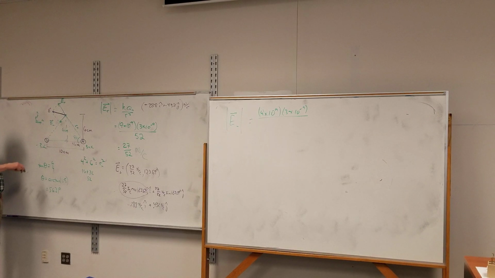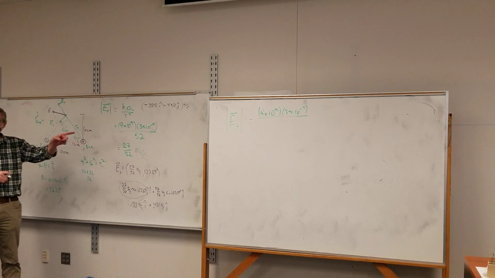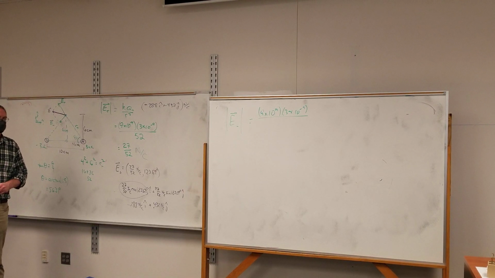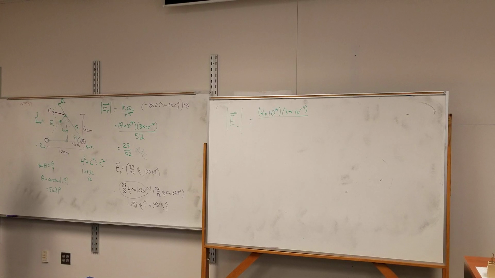Ooh, there's a mistake over there. Actually, let's just stop it right here. What is the mistake over here? When we found E positive? What's wrong with the units? Yeah, it was in centimeters, not meters.